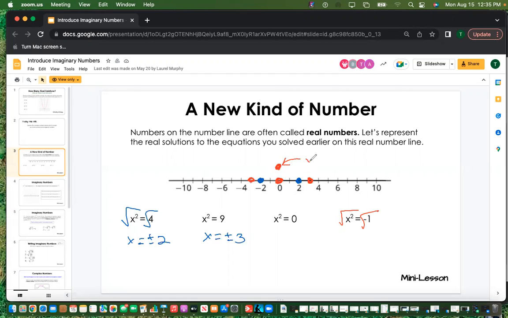So this is going to be the square root of -1. Because it's not a real number, it's going to be off of the real number line. And all of this will make sense in just a second. If you're sitting there and you're like, what? Remember, the real number line is what we're used to.